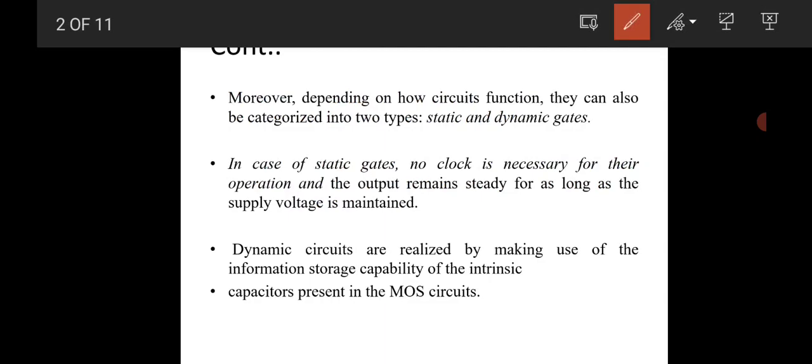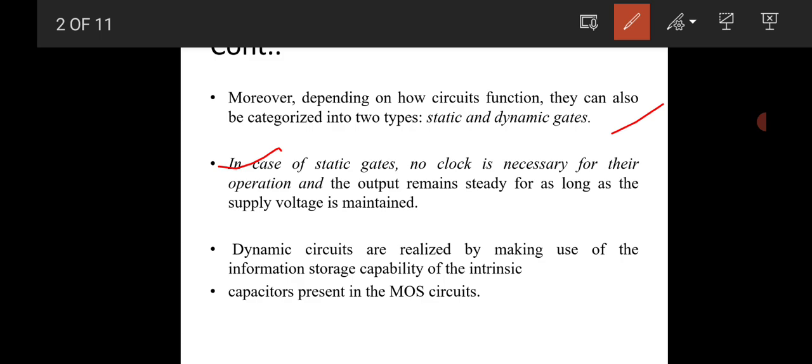Moreover, depending on how circuits function, they can be categorized into two types: one is the static circuit and the second one is the dynamic circuit. In static circuits, no clock is necessary for their operation, and the output remains as long as the supply voltage is maintained.